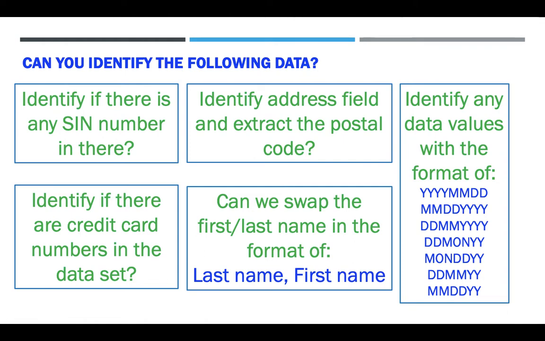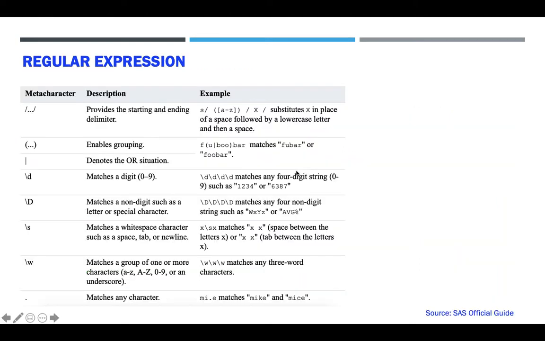Think about that for a couple of minutes: how would you do that in your code? But let me introduce you to the SAS regular expression. It is basically a predefined pattern that helps you identify certain patterns in your data.